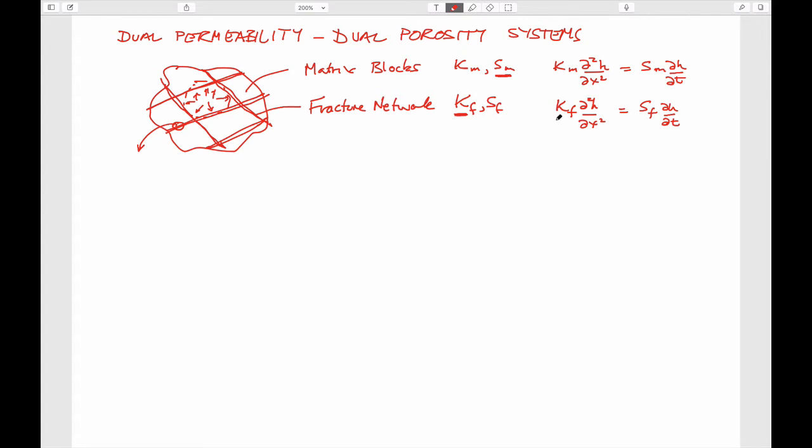And so when we talk about this permeability, and I think it's important to realize this, both Kf and Km are equivalent permeabilities or conductivities, equivalent conductivities of fracture network and matrix, respectively.